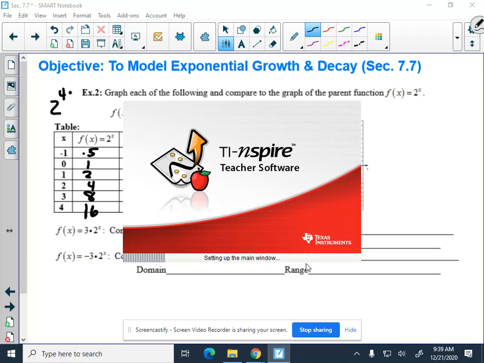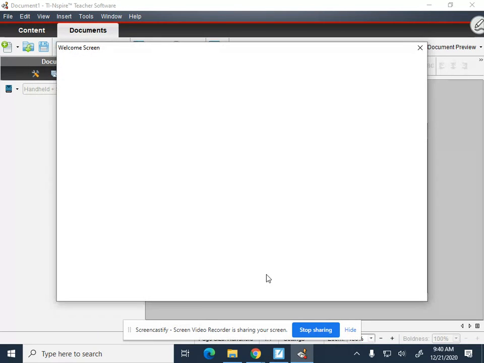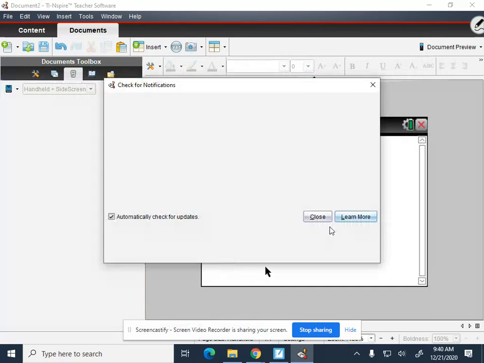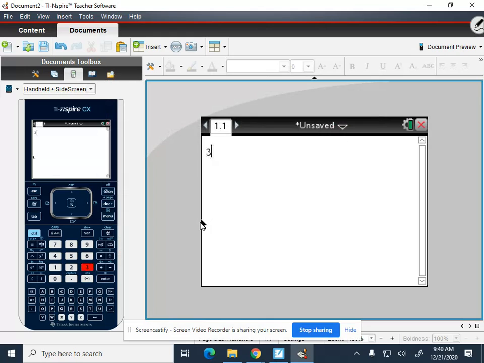as this calculator's warming up, make sure you have a calculator. We go 3 times 2 to the -1.